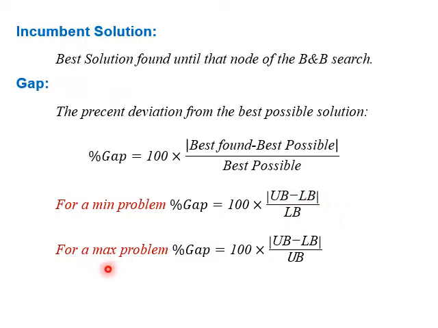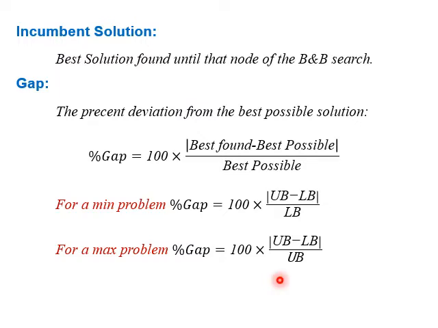But if this is a maximization problem, again, best found minus best possible. In fact, best found this time is your lower bound, and best possible is upper bound. But since we take the absolute value, this difference doesn't make a change.